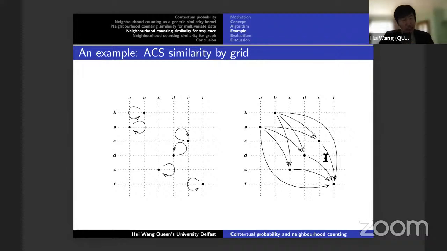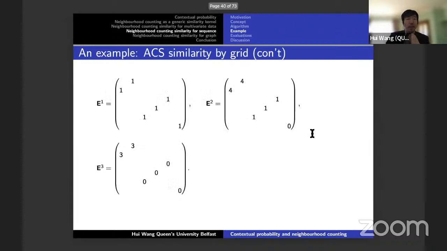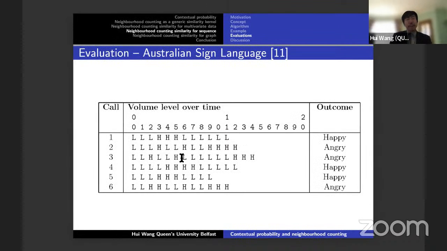Each arrow corresponds to one common sequence. So when we count all of these arrows, we end up with the ACS similarity. That can be calculated through matrix operations. So that is the grid algorithm.